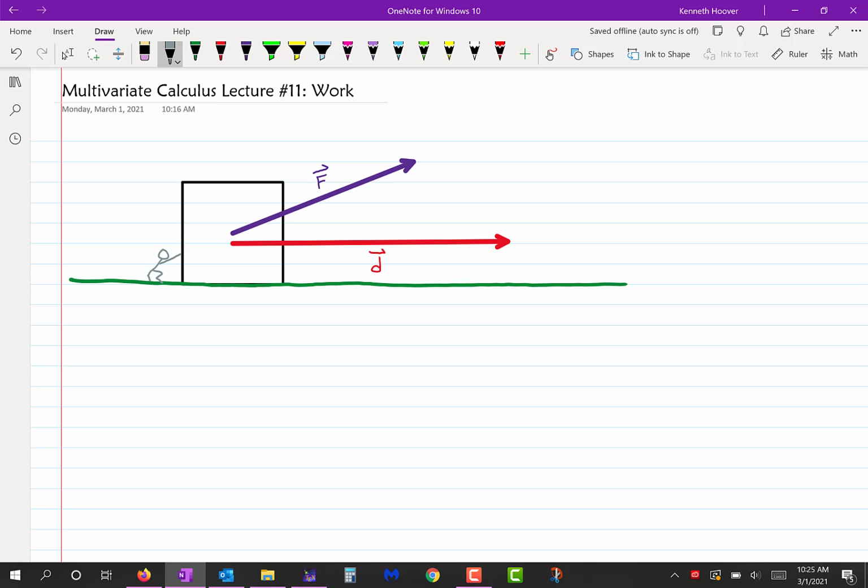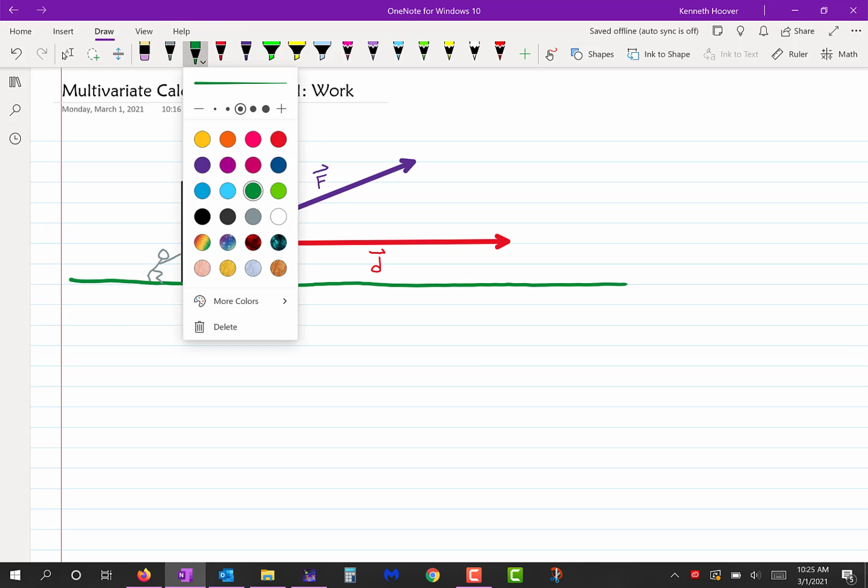And why not? Because of gravity. So gravity is usurping some of that little guy's force. Part of his force is going up and part is going horizontal. Didn't we talk about that before? That you can decompose any vector into orthogonal components. So let's choose blue here.